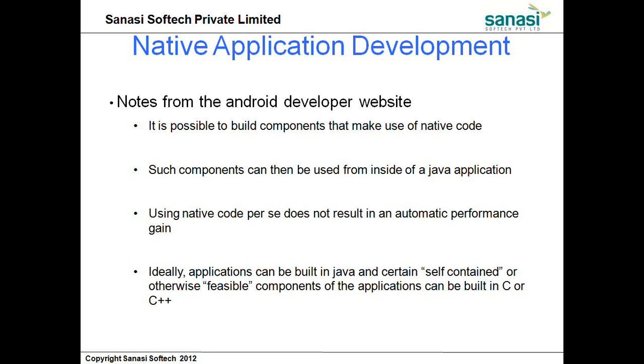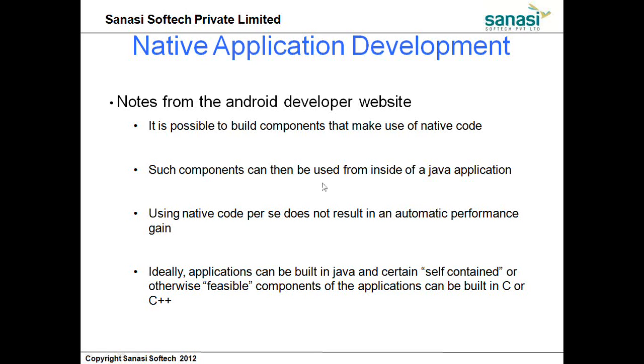Typically any component that is built in native code is usually embedded inside a Java application. Let's not be under the assumption that just because you have built the application using native code, it's going to give you a performance boost. That is not the case. In fact, it might also slow down the application. So it entirely depends.